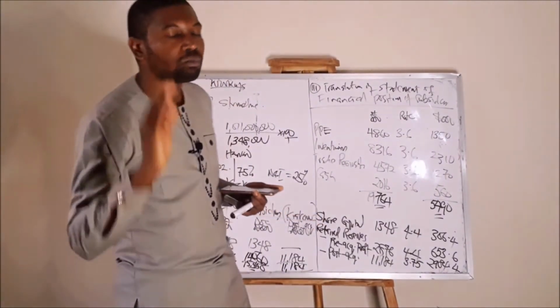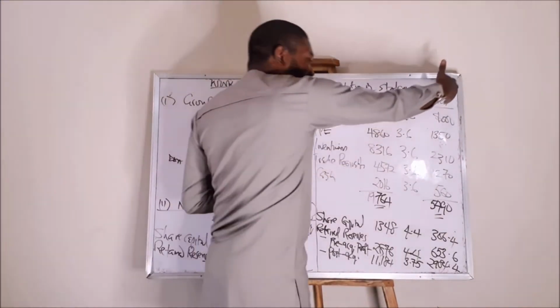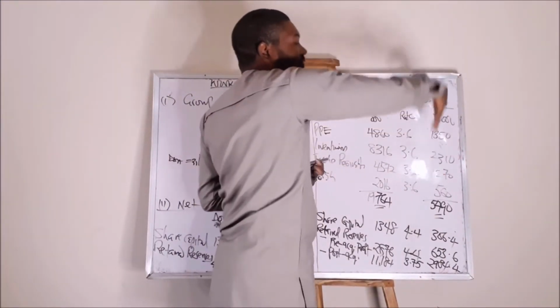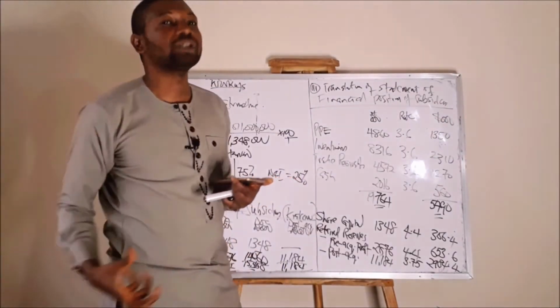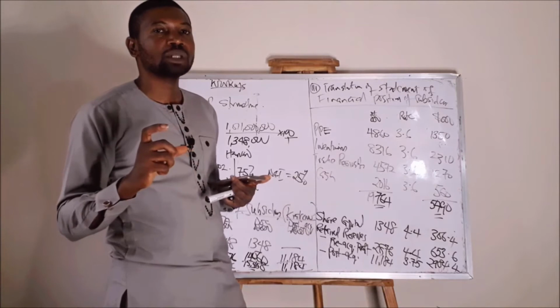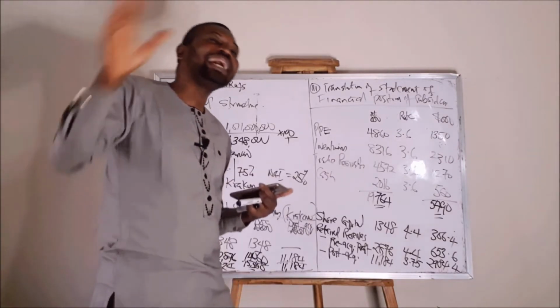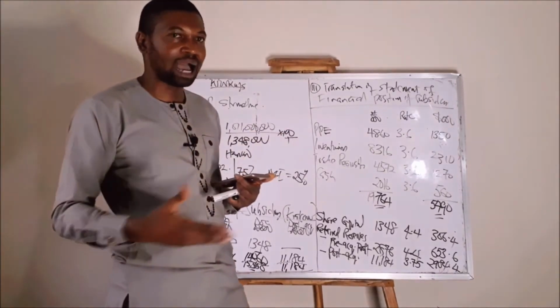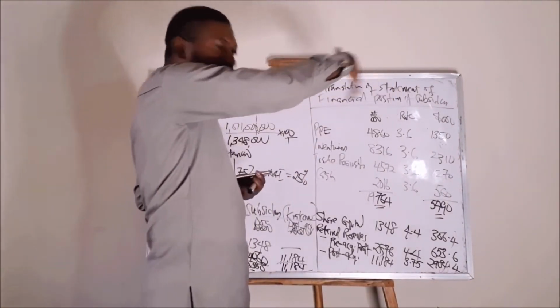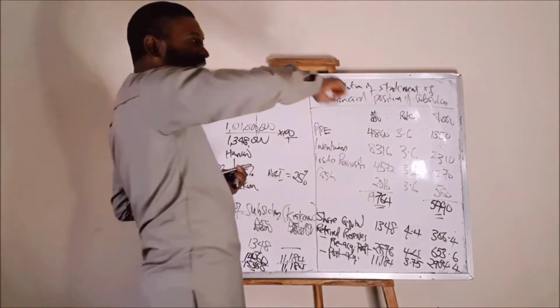There's no way the dollar aspect of the figures will balance at the end of the day. No, it won't. What's going to happen is that you are going to have what they call foreign exchange differences, particularly for the dollar value, not the naira, the currency you are exchanging to.